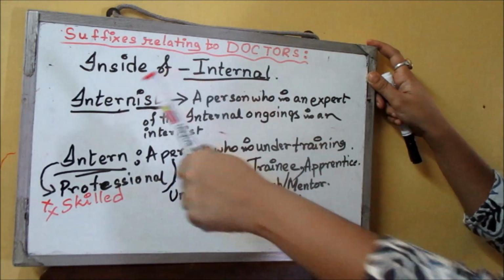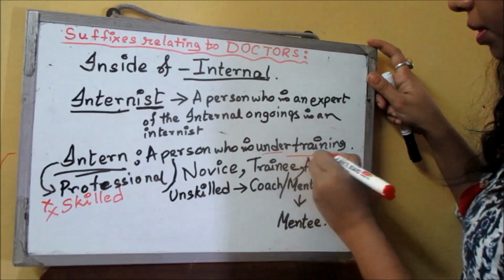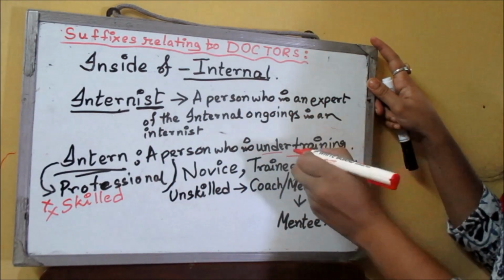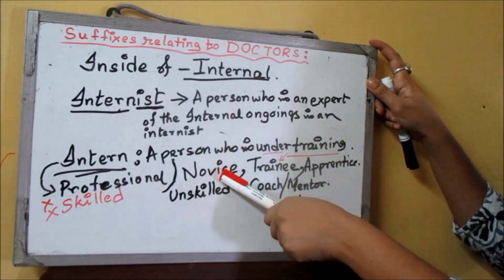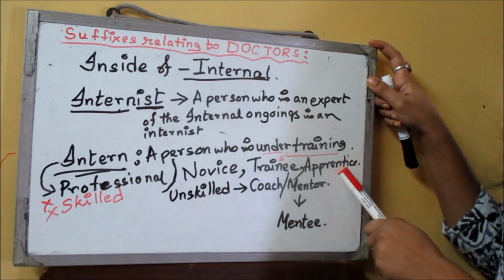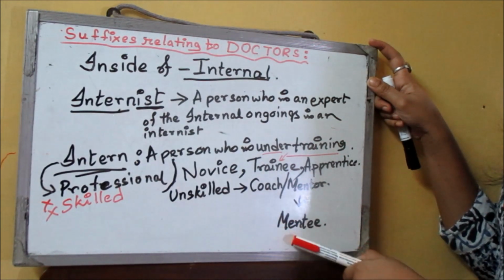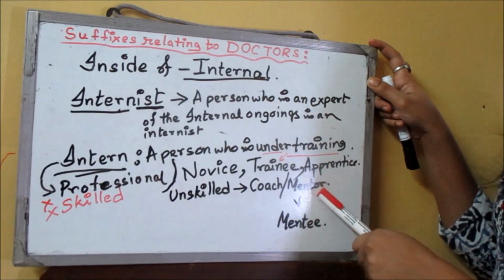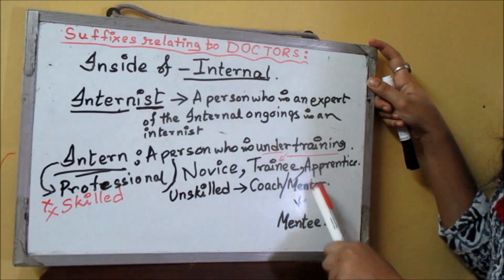So basically the intern is a person who is under training, right? A person who is under training is called a trainee. He can also be called a novice, he can also be called an apprentice, and he can also be called a mentee, because a mentee is being taught by his mentor, right? A mentor is somebody who is guiding us, and mentor means a coach.